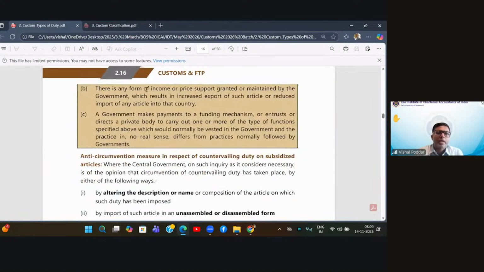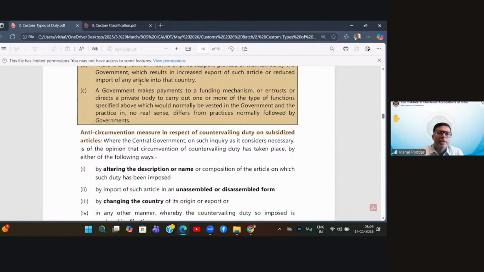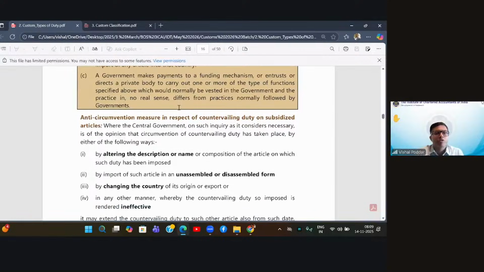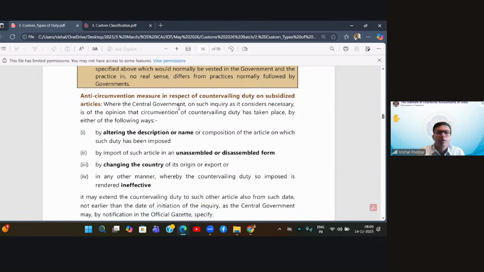Also, if there is any form of income or price support granted or maintained by the foreign country, which results in increased export of such articles to India, or the government makes payment to a funding mechanism or directs a private body to carry out one or more of the types of functions specified above. So when any of these things exist, it is a case of subsidy.